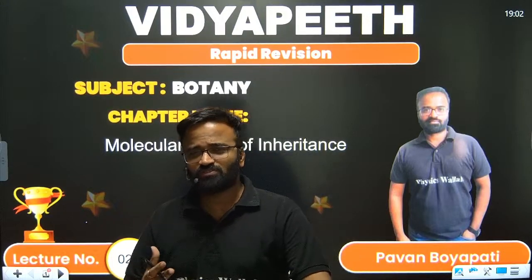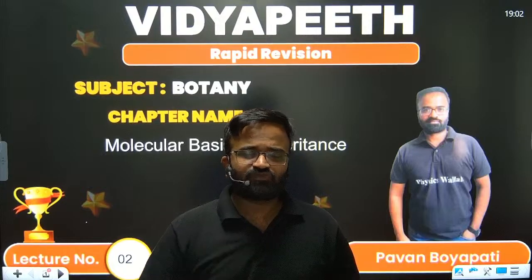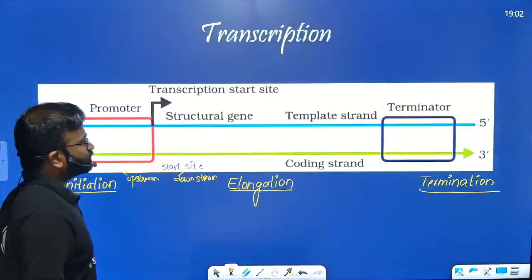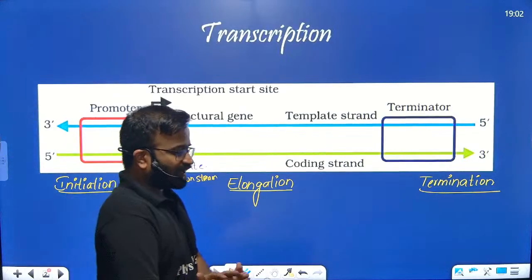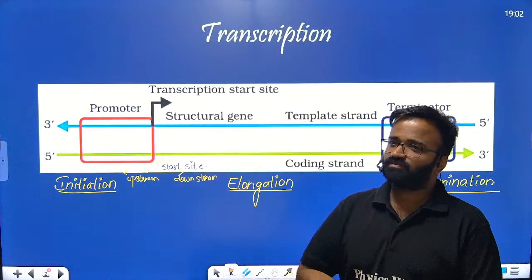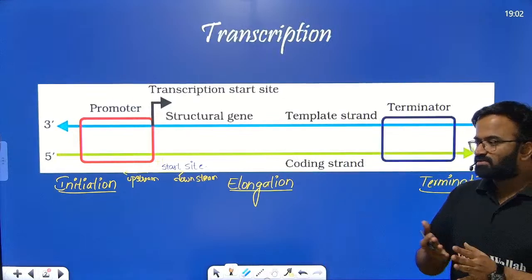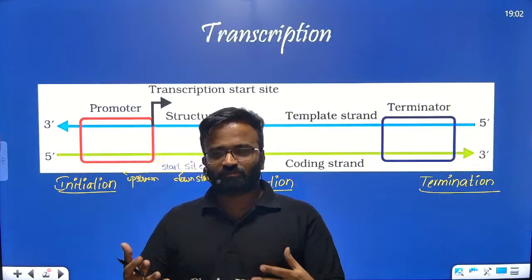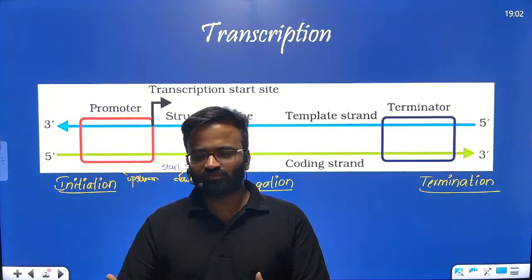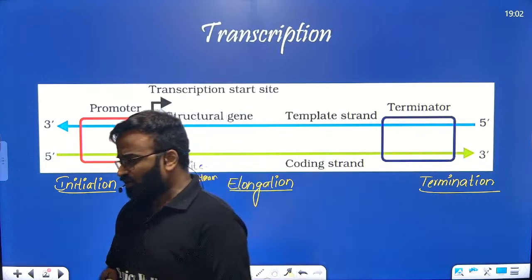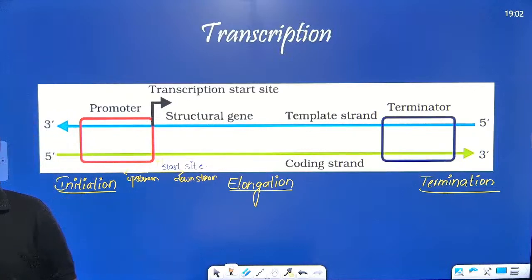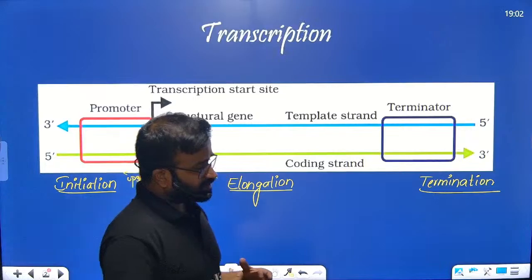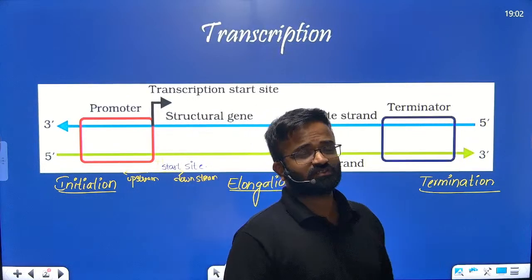As I told you, this is a very condensed form of the chapter. So next topic is transcription. As you know, once the replication part is done, we move on to the transcription, where not the entire part of the DNA is transcribed, and not both the strands are transcribed.